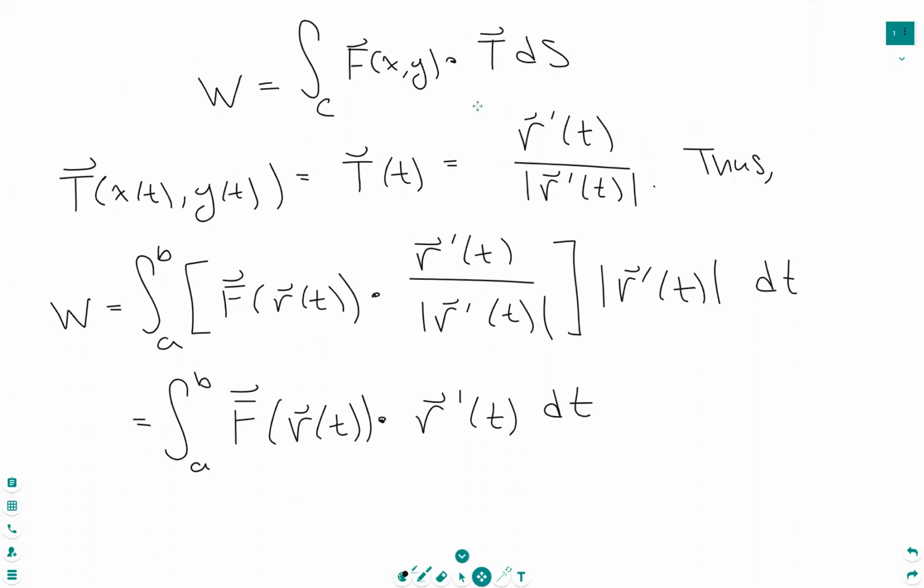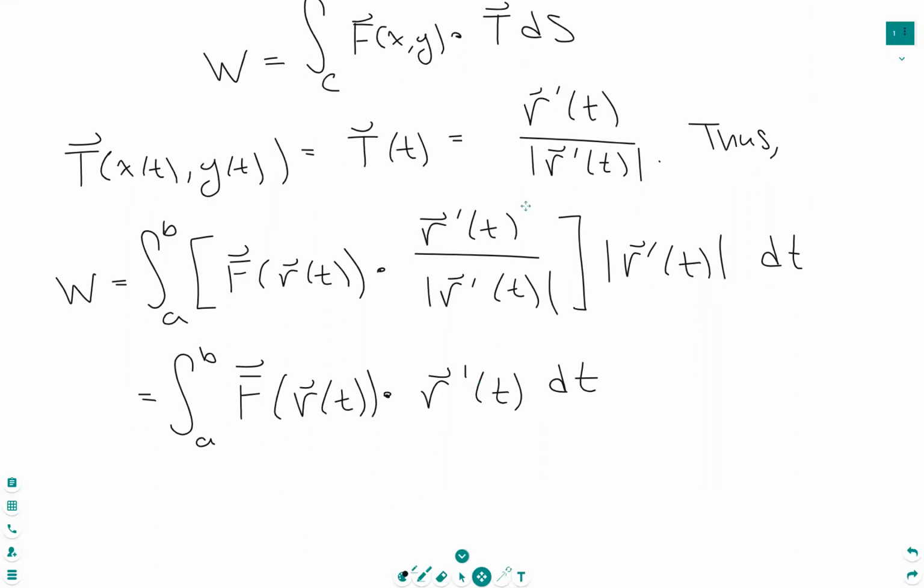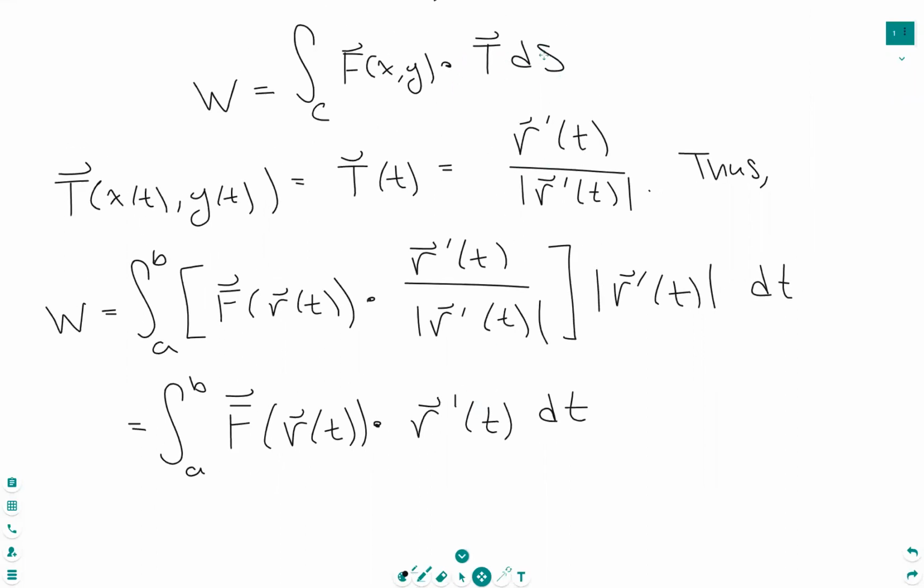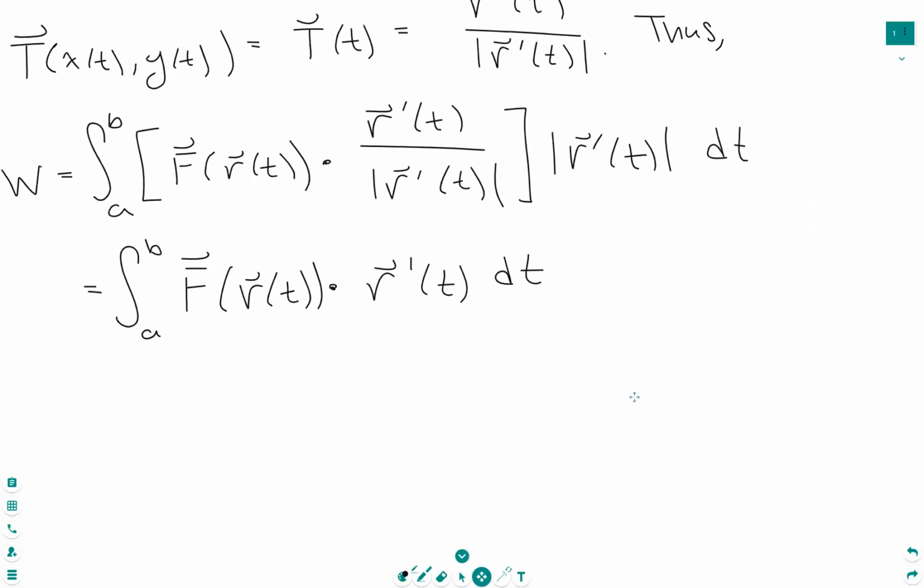There are some shorthand notations for this as well. Sometimes people write ds as a vector, or they say dr, where they have this T ds. Sometimes they write it like that. So this is another way that you'll typically see this, just as a shorthand.